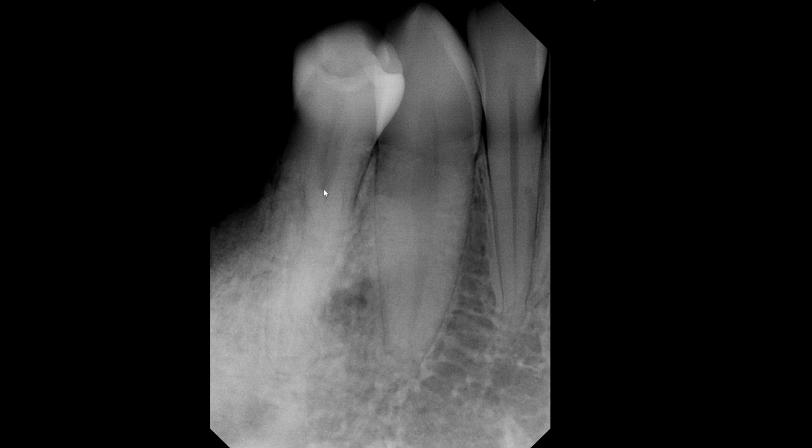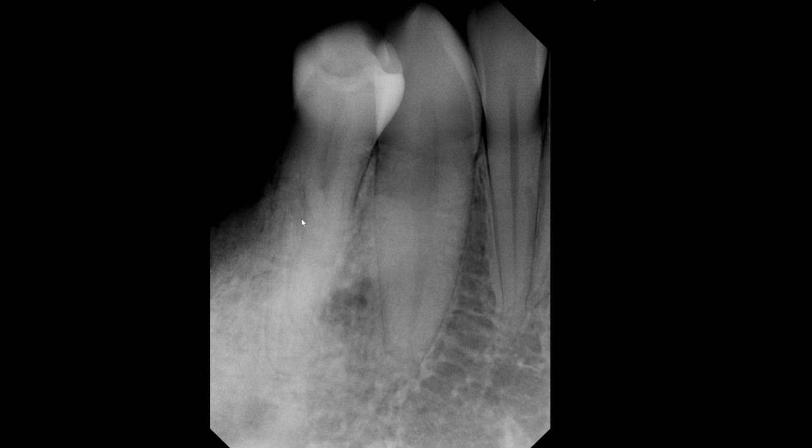Well, we know from our experience, typically speaking, number 28 being the mandibular first premolar, we expect a single canal. But in this case, based on the multiple PDL spaces that we see, this tooth may have a bifurcation of the roots and accordingly bifurcation of the canal.